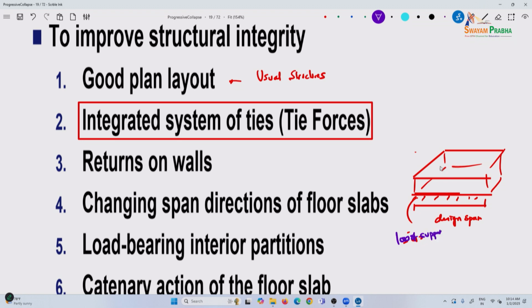You are going from spanning one way to spanning this way. So, having provisions to provide for reinforcement.